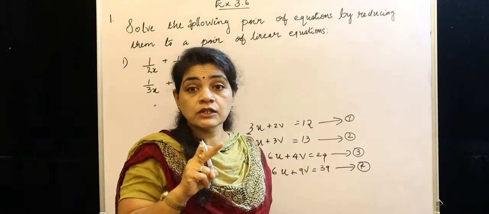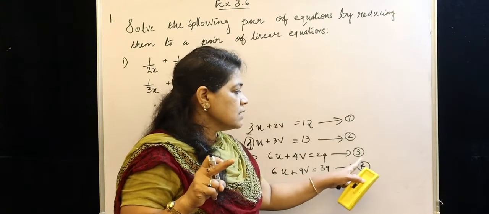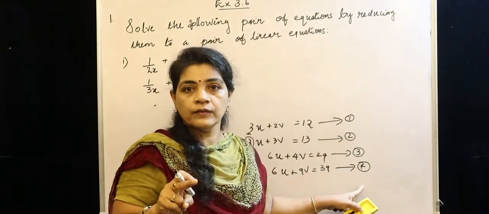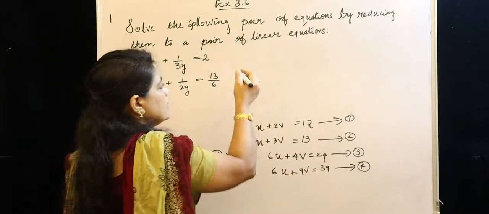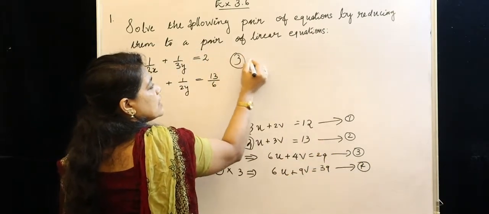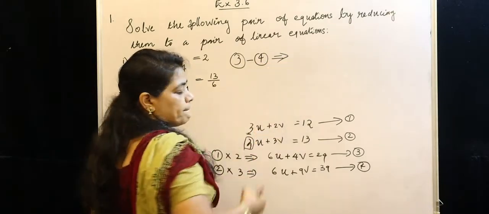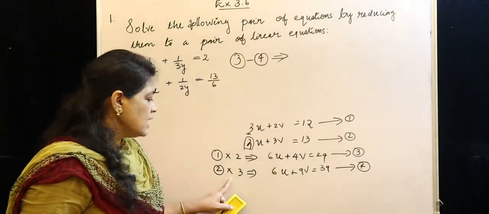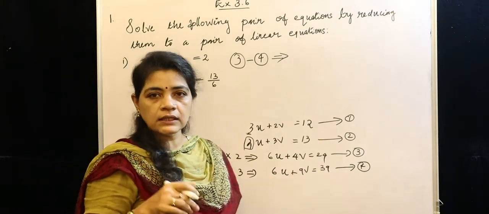But this is very important. You have to subtract not only these two terms. You have to subtract equation 3 minus 4. That is the next indication. Equation 3 minus 4 implies... How can we subtract one equation from the other?